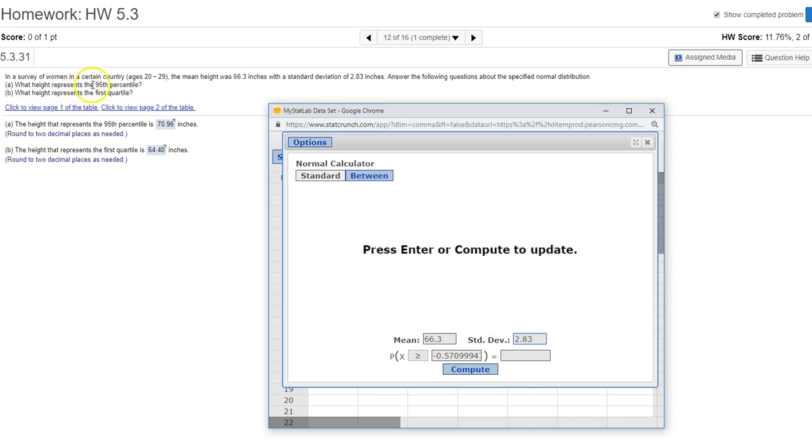What height represents the 95th percentile? So when they say 95th percentile, I know it's a percentage. I have to change it into decimal, which is 0.95. I'm going to go ahead and put that right here. Okay, all right. 0.95. Remember, it did not specify area to the right, so it has to be to the left.